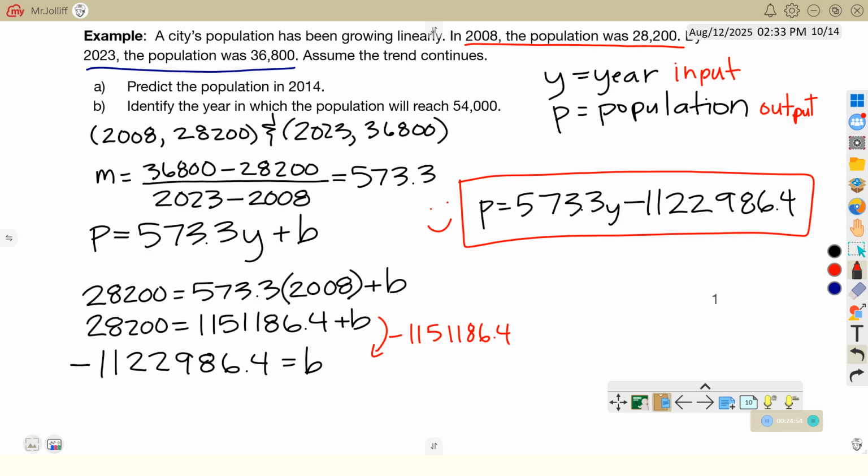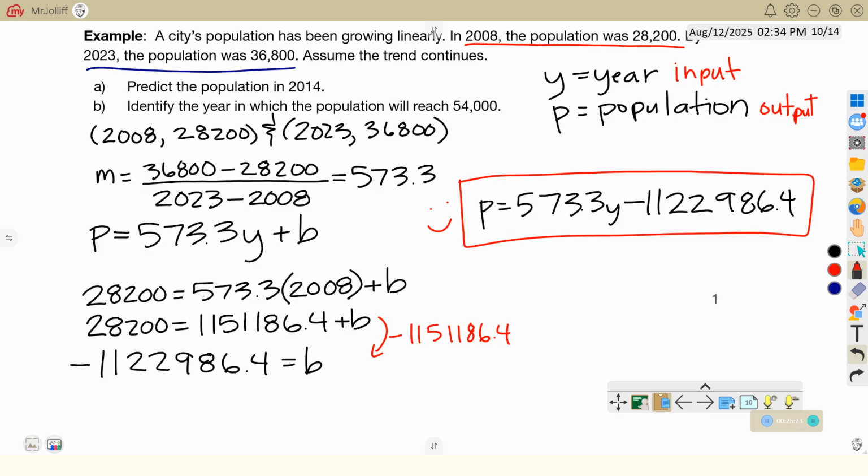And I see people making frowny faces. Hopefully that's you realizing that you can't actually have a negative population. So the population growth hasn't been linear the whole time the population existed. At some point there was no town, and then one person came and two people came. It probably grew very steeply and then started turning linear.